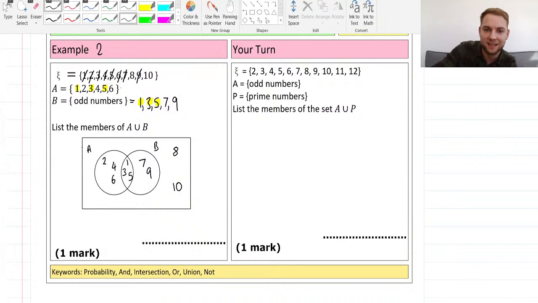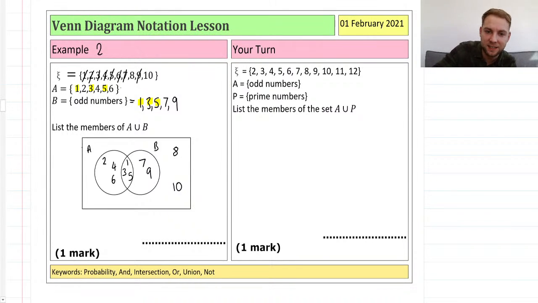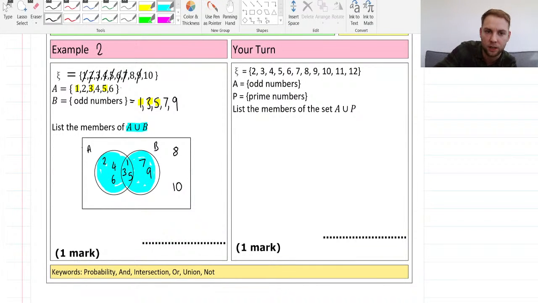Now the question is asking us to list the members in A or B. So we want everything which is in A, which is going to be this part here, or everything which is in B, which is going to be this part here, like so. So everything which is in A or B is going to be all of these numbers. Now I'll put them in order.